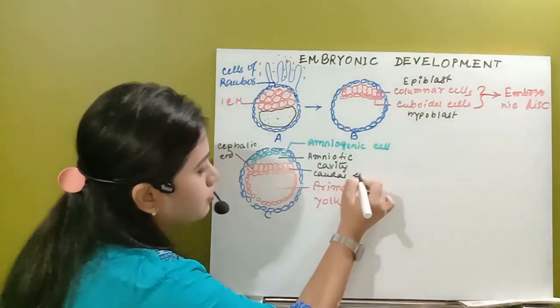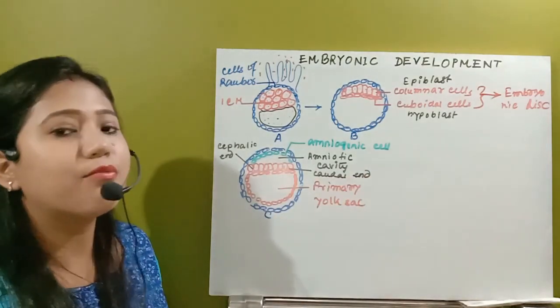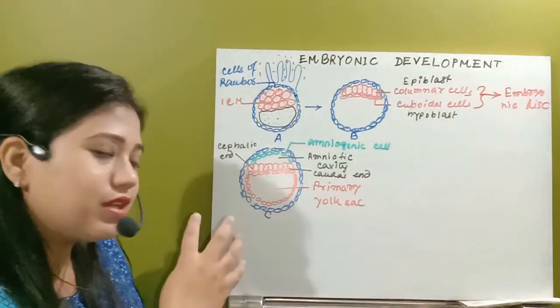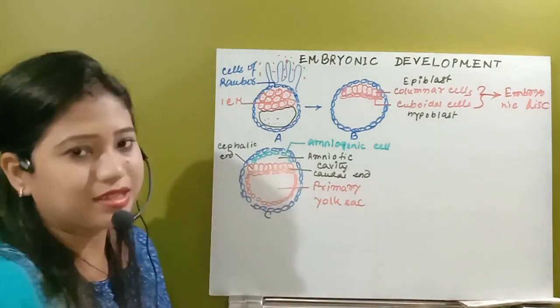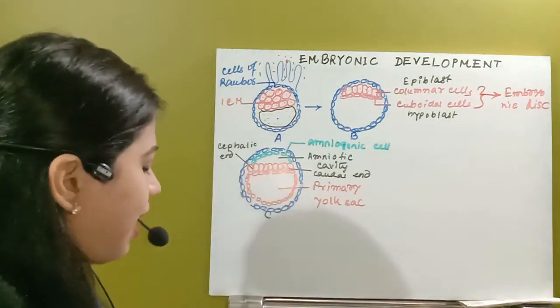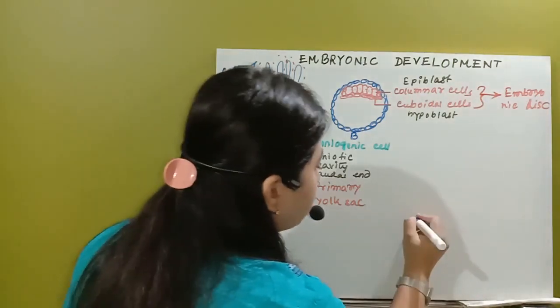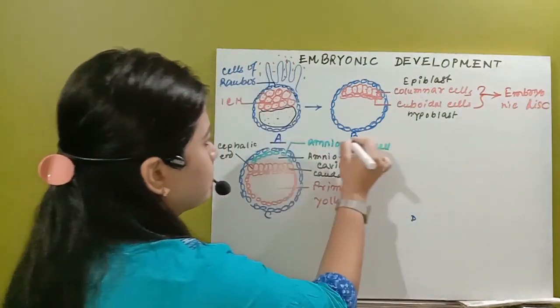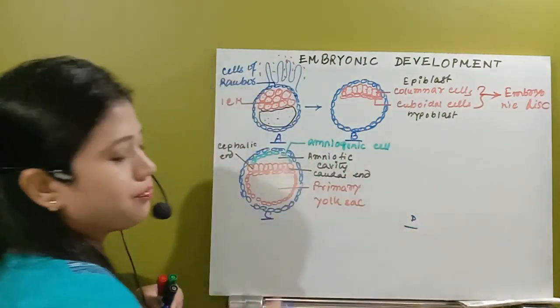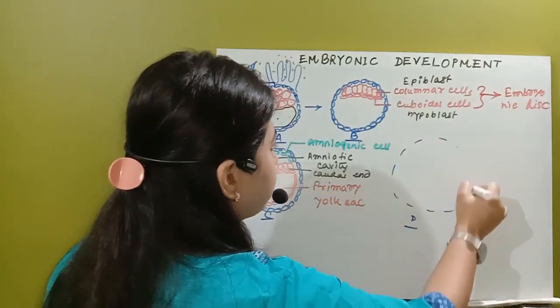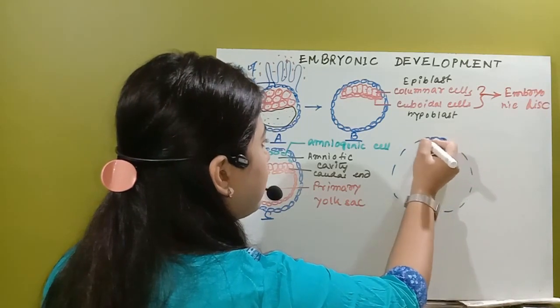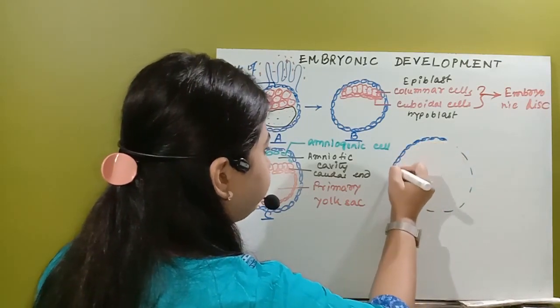From the caudal end, some of the cells will start to detach from the epiblastic cell layer. Let me draw here, this is A, this is B, this is C, and this is D. The same trophoblastic cell layer will still be present.